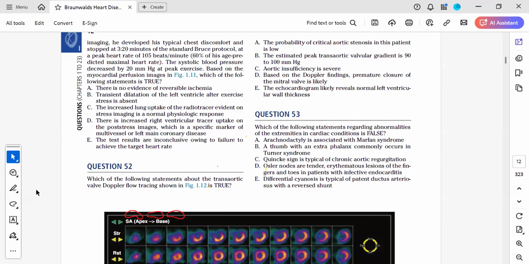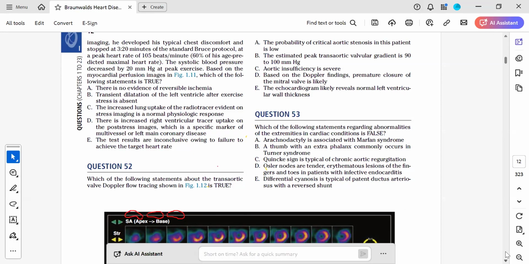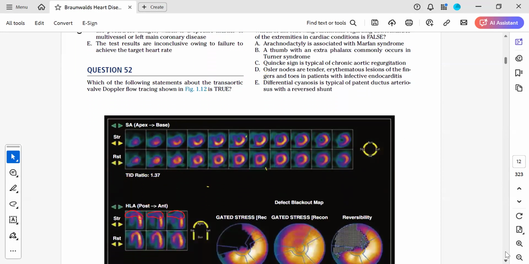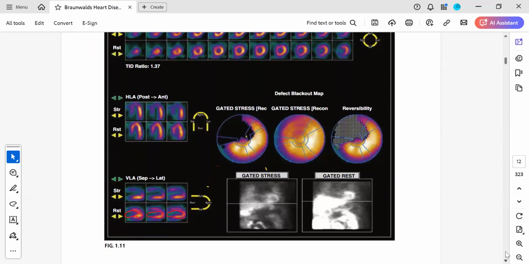Dr. Eugene, can you scroll down? Let me just mention something about the polar map also, to check for reversibility.